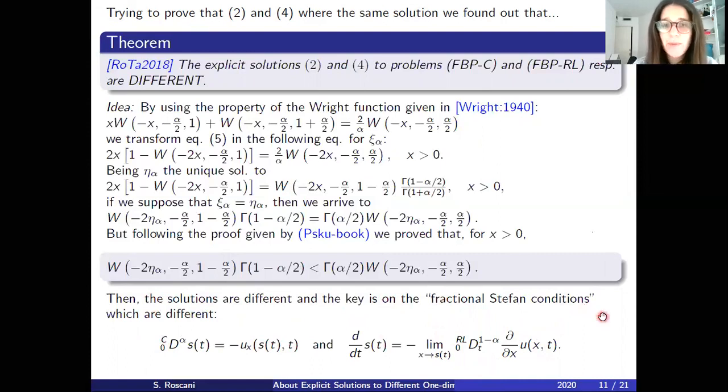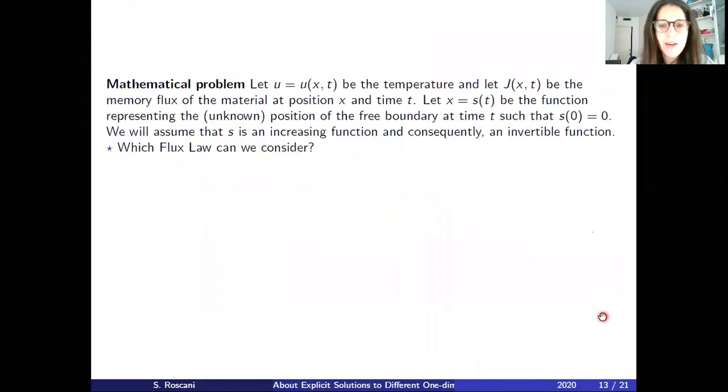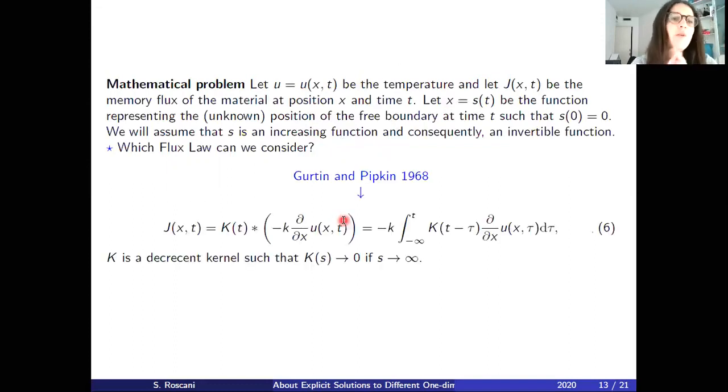So the next step was to ask, okay, is this a model of some physical event? Well, again following Professor Wöhler, we state a problem. Suppose that we have a temperature with a flux, but which flux law can we consider? Of course, the Fourier law is the classical way to model the flux, but it's not the only one.